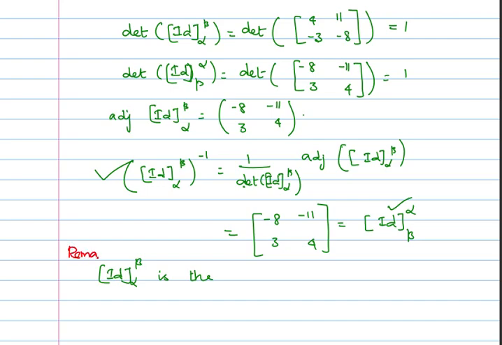I take this as a definition: I alpha to beta is the change of basis matrix from beta to alpha.